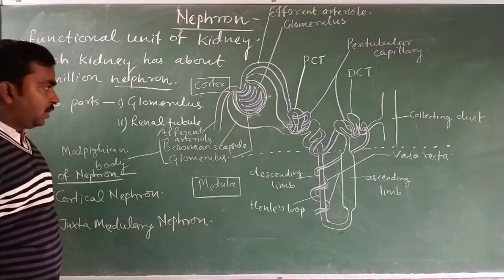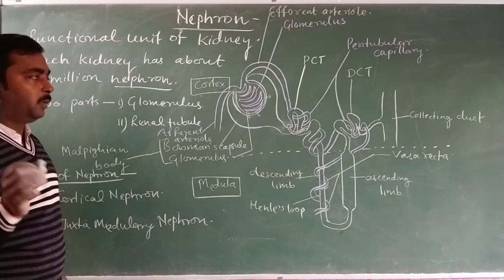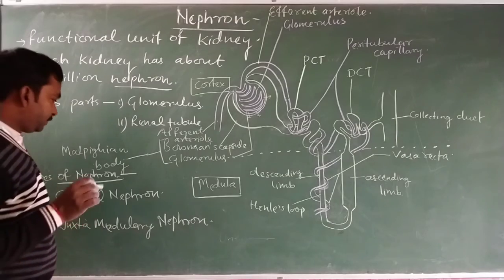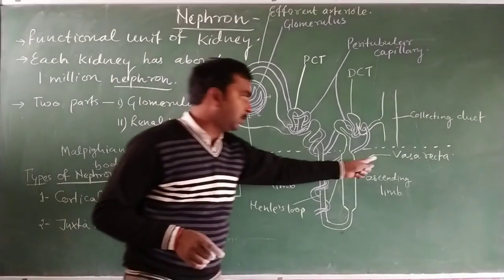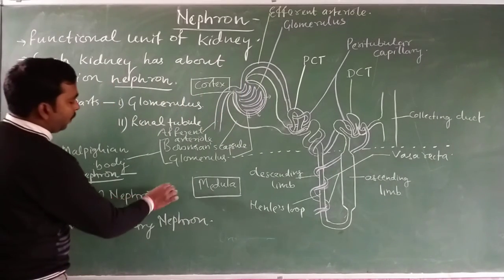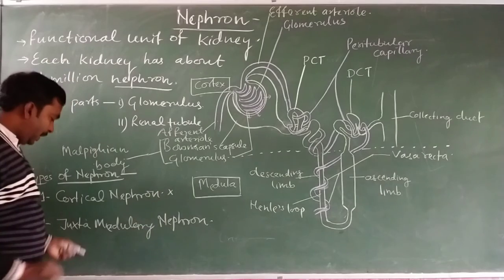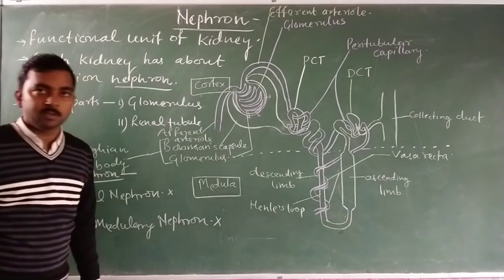This is the difference between these two on the basis of position, while they also differ on the basis of vasa recta. In the case of cortical nephron, vasa recta is absent, while in the case of juxtamedullary nephron vasa recta is present.